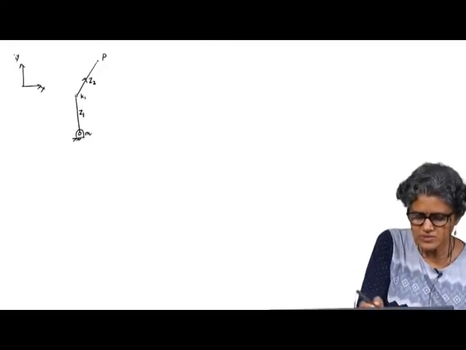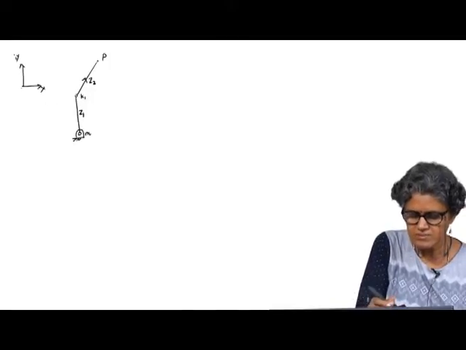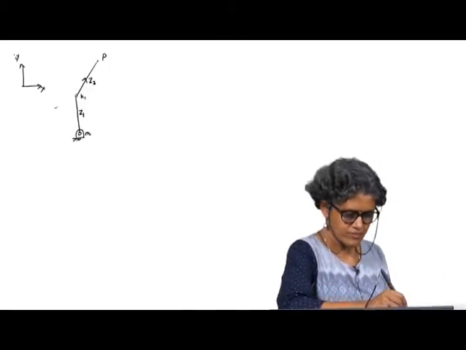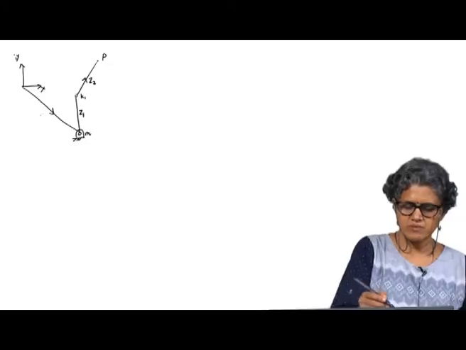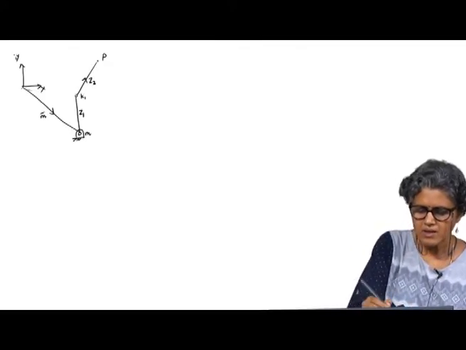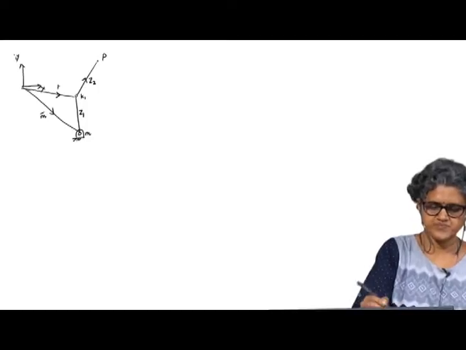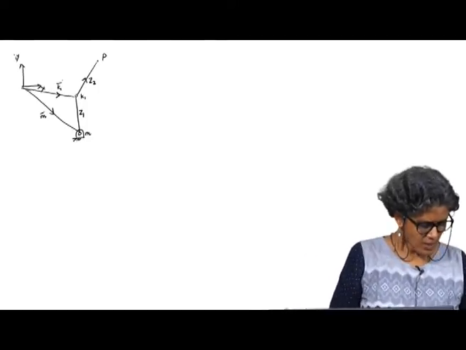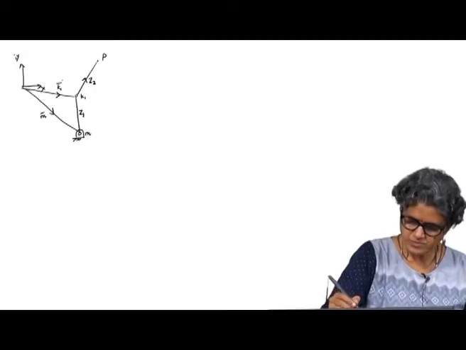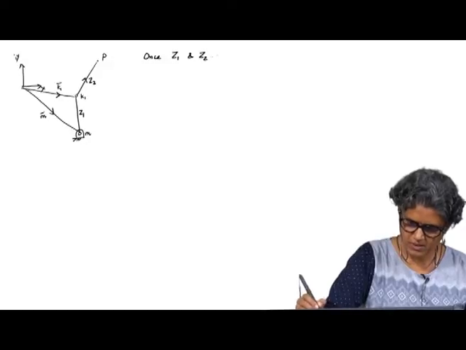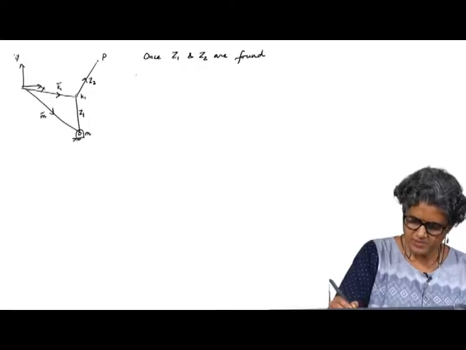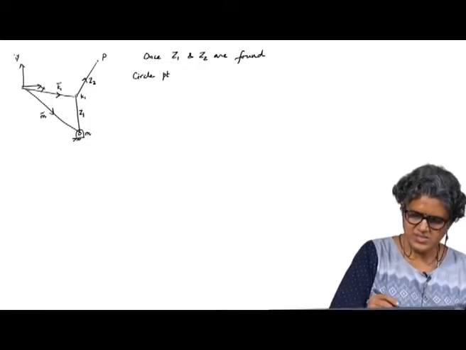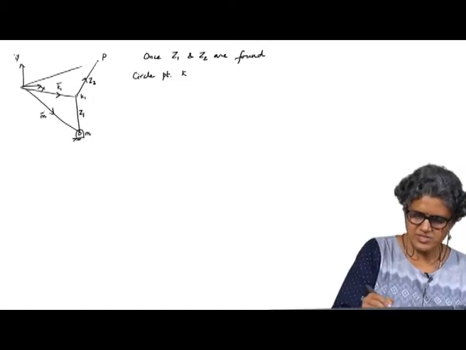So, vector M will define that and K1. This is R1, right, which is known.